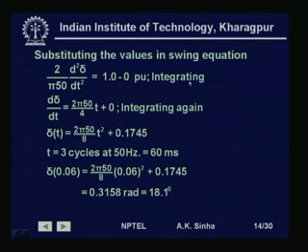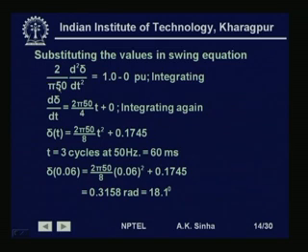Now, this is the swing equation which is valid for this operating condition. Now, integrating this once, we will get d delta by dt is equal to twice pi into 50 by 4 into t plus 0. That is, instead of pi into 50, we are multiplying it by 2 in numerator and denominator.